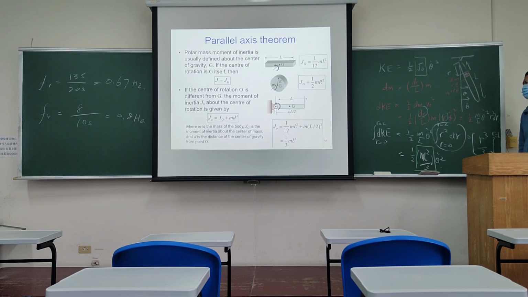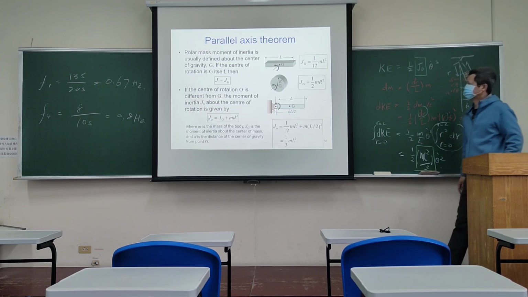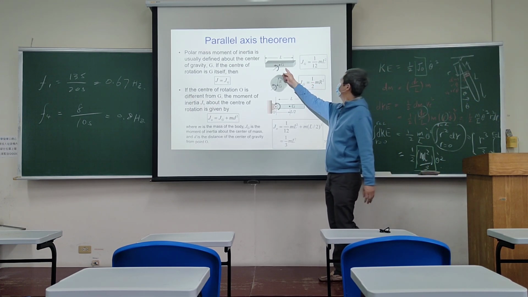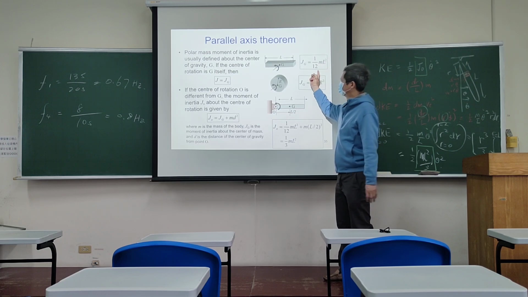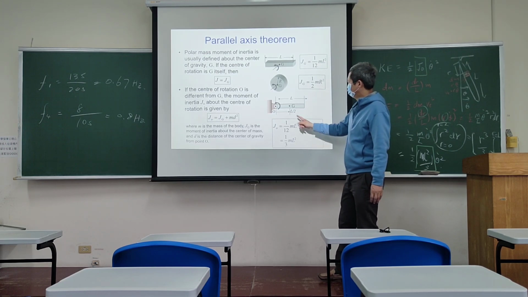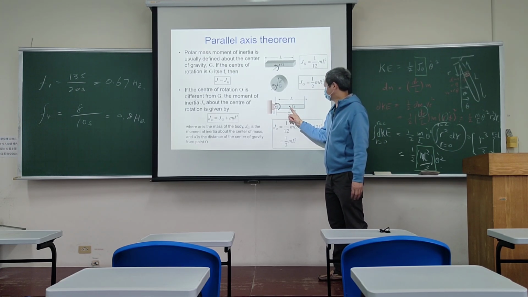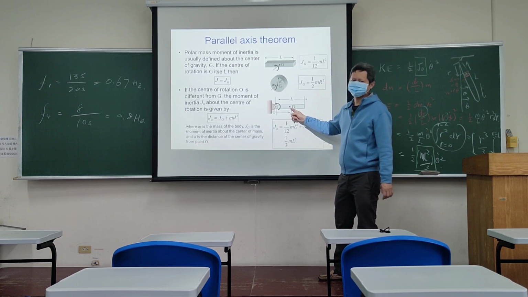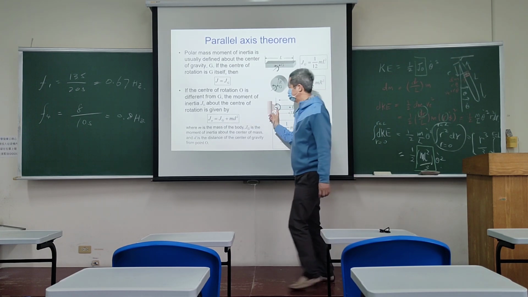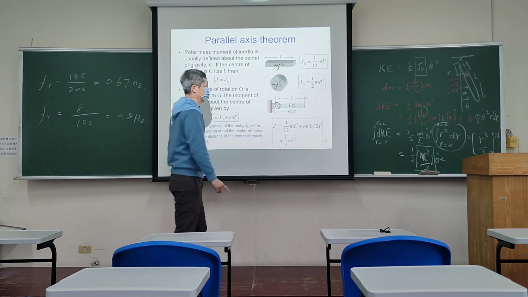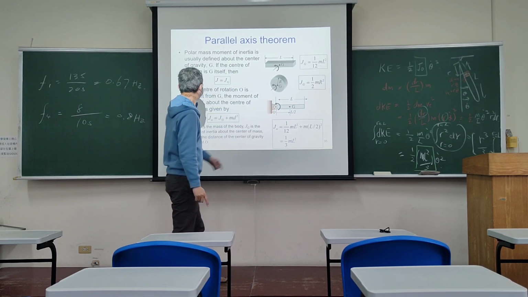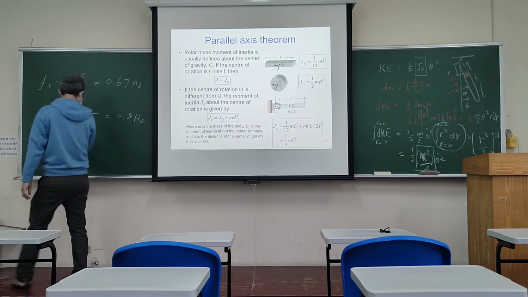Of course, you can also derive it from the parallel axis theorem. The rod's moment of inertia about the center is mL squared over 12. But now the axis of rotation is not at the center of gravity but at the tip. So in this case, what you're modeling is a rod.